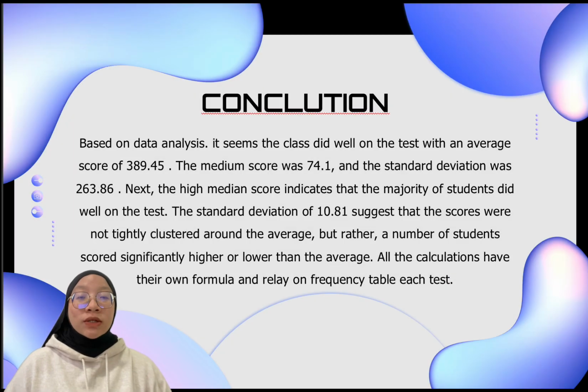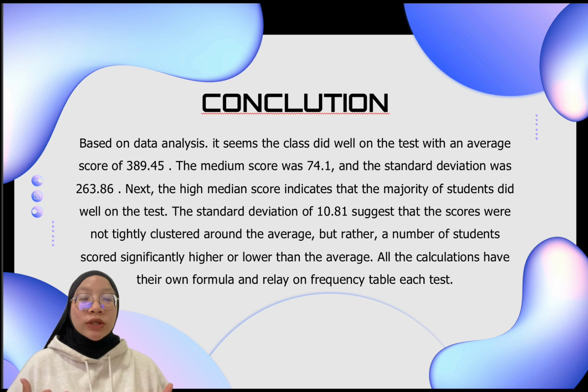Conclusion. Based on data analysis, it seems the class did well on the test, with an average score of 389.45. The median score was 74.5 and the standard deviation was 263.86. The high median score indicates that the majority of students did well on the test.